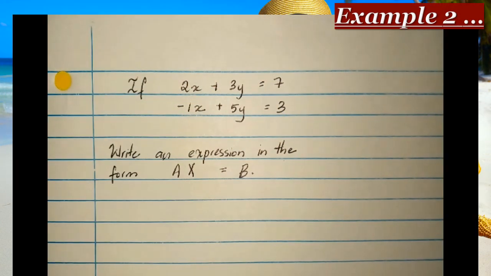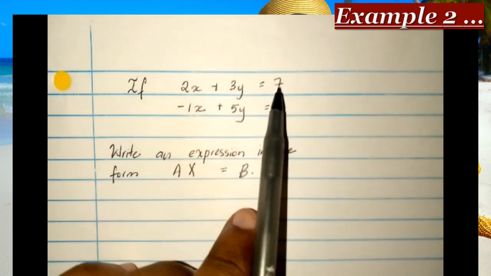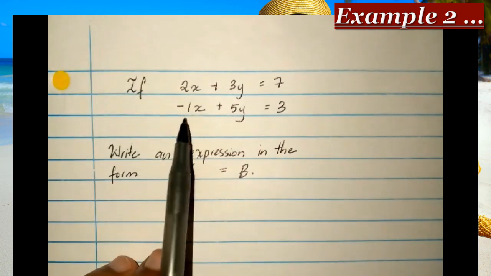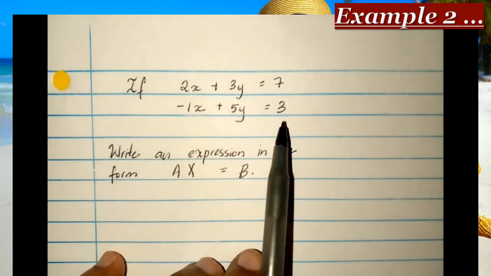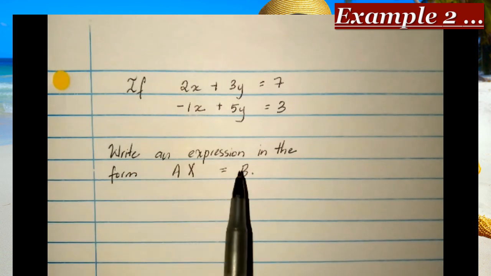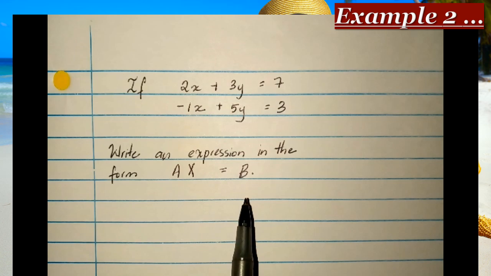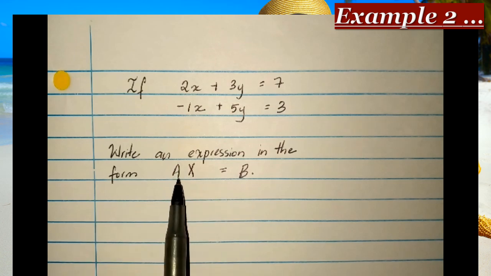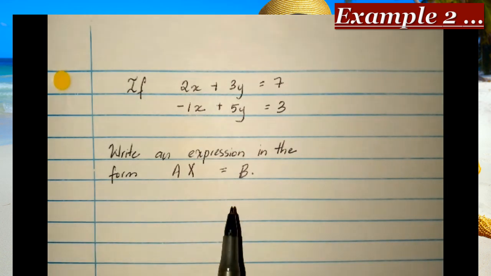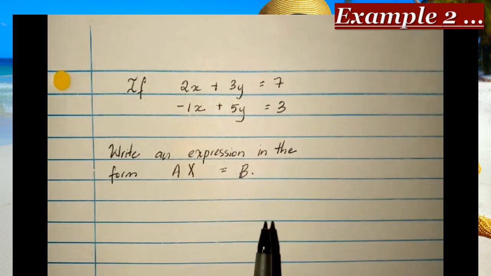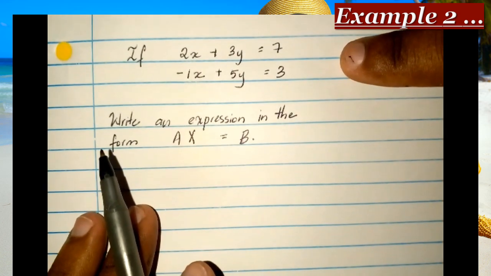Here's another example. If 2x plus 3y is equal to 7 and minus 1x plus 5y is equal to 3, first write an expression in the form AX is equal to B. Remember, A is our coefficient matrix, X is our variable matrix, and B is our constant matrix. So I'm going to extract all my variables.